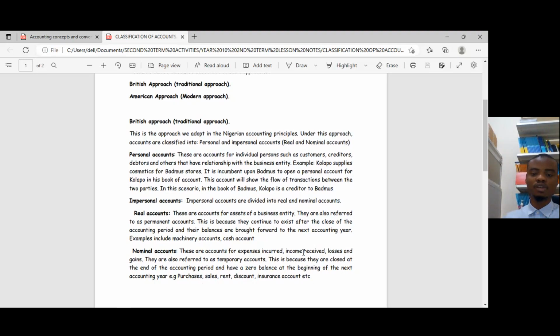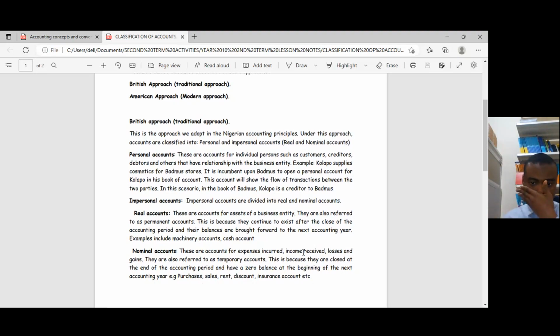Now let's move to impersonal accounts. Impersonal accounts are subdivided into two sub-classifications. We have the real accounts and we have the nominal accounts. What are real accounts? When you say something is real, that means it's tangible, right? So accounts for assets of a business are referred to as real accounts. Sometimes they are also called permanent accounts because they are permanent in nature. You actually feel them.